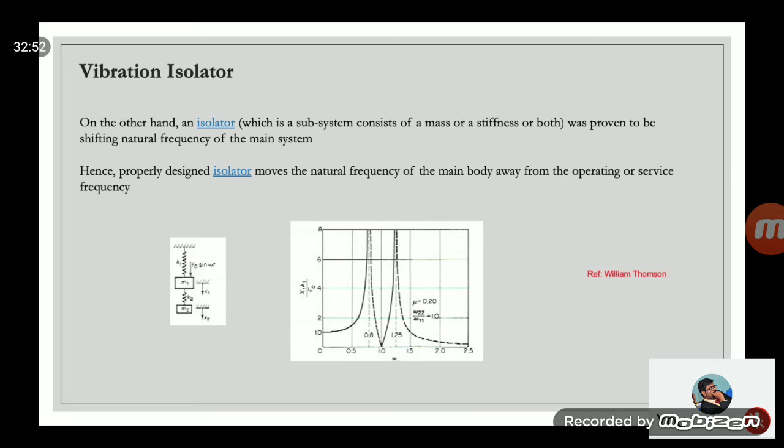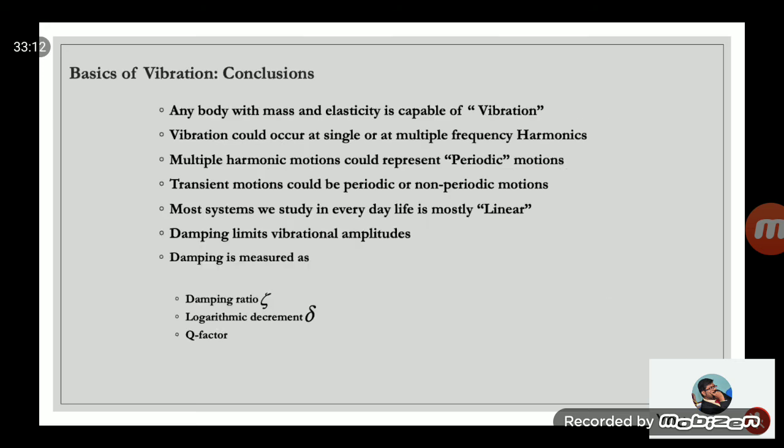This needs a lot of experience, design, and a lot of calculations to make sure that my vibration has moved from the central frequency to other frequencies. Basically, it's split frequencies. So this is also another way you can reduce the vibration.